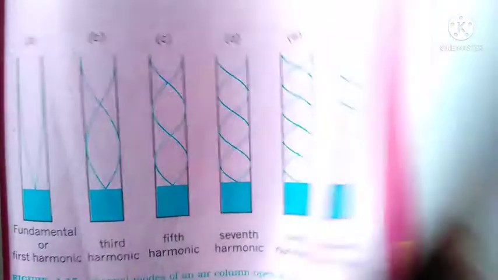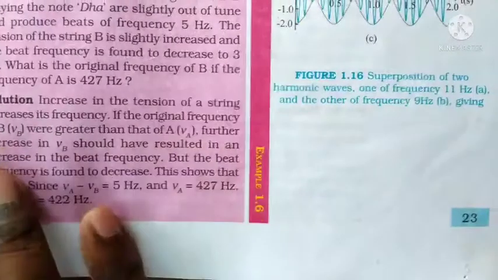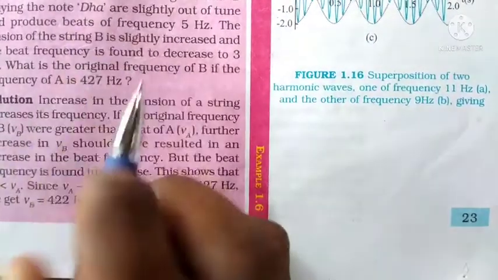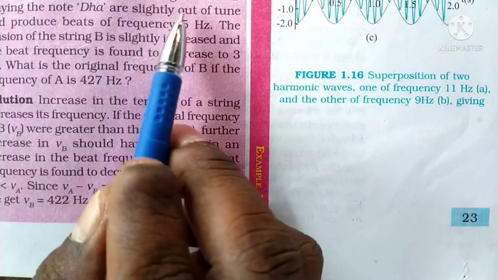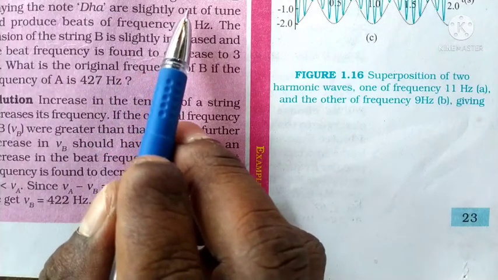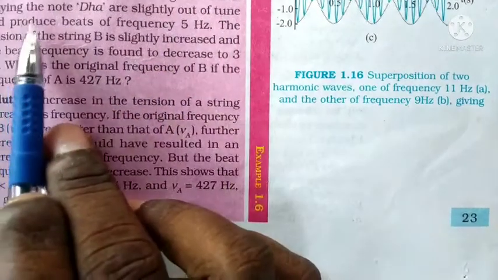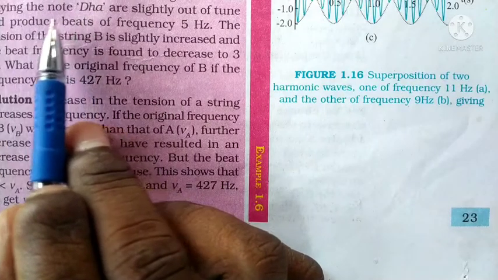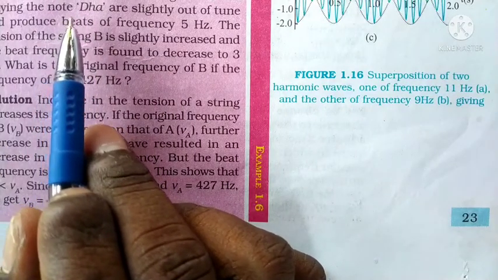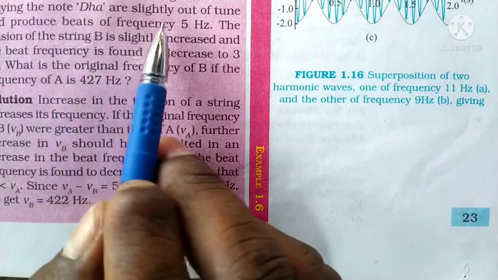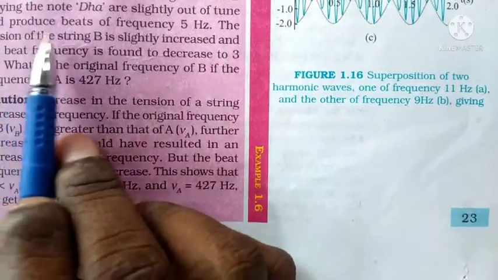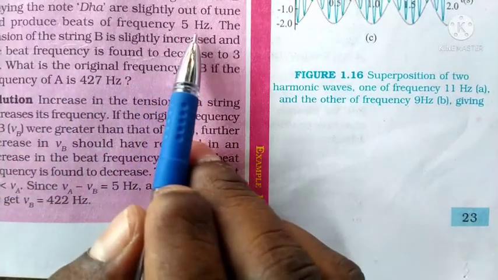Okay, now we will discuss another problem. Two strings, A and B, are playing a note. They are slightly out of tune, producing beats with a frequency of 5.